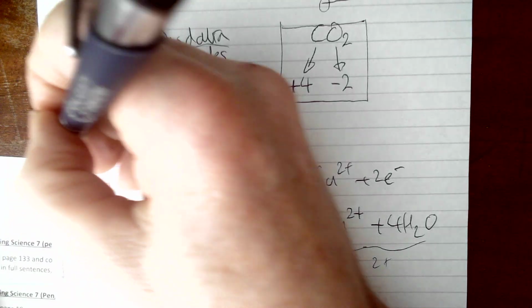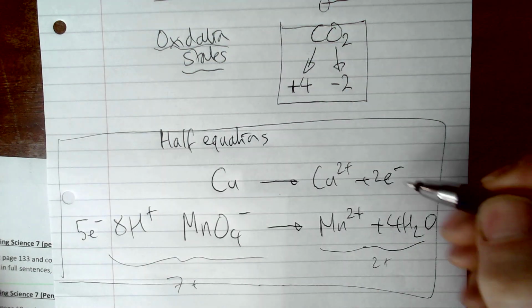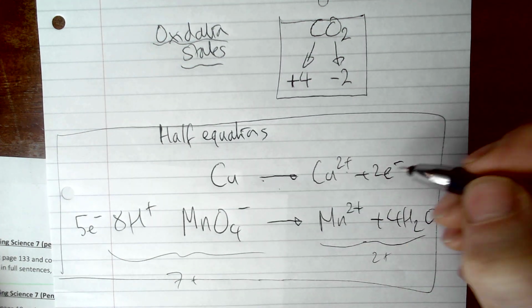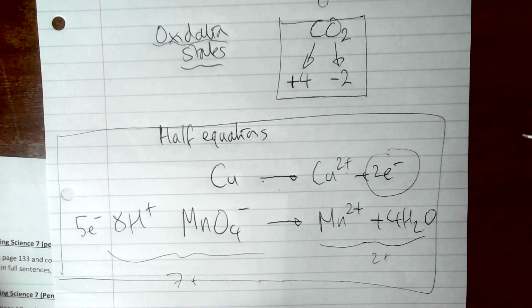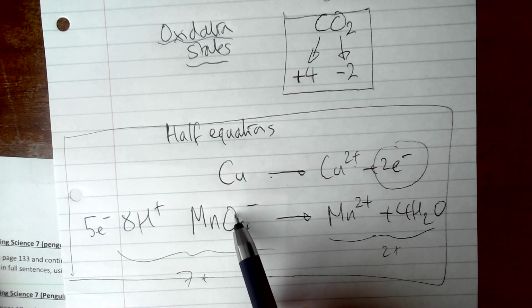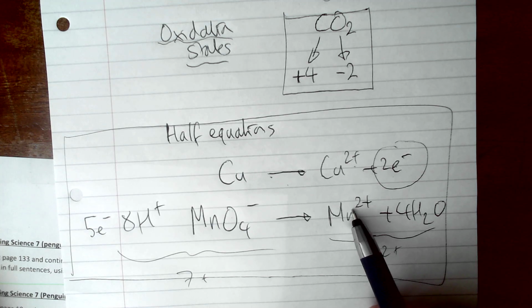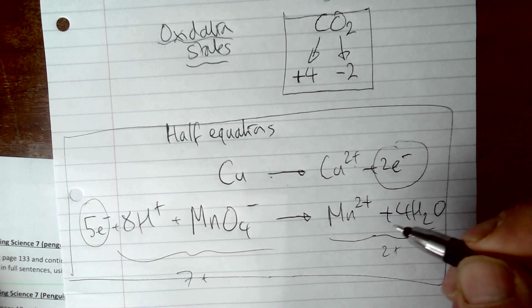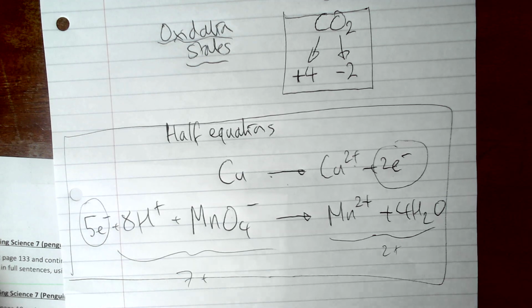So these are half equations, and this one says when copper turns into copper 2+, it loses 2 electrons, and this one says when manganate MnO4- turns into Mn2+, it gains 5 electrons. So these half equations are pretty useful.